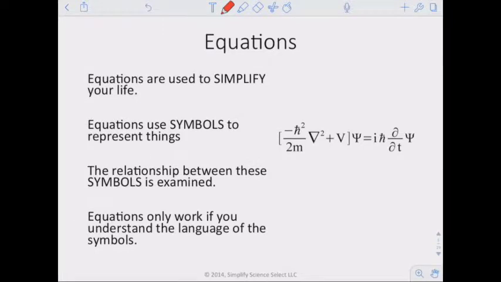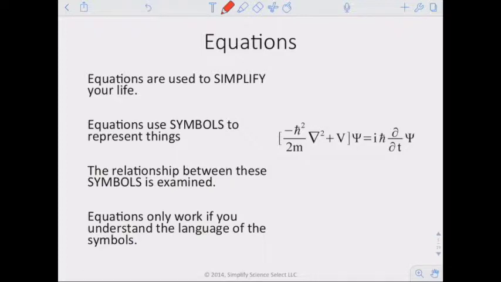Equations. Now, equations are used to simplify your life. We try to take very big pieces of information and bring them down to very small, manageable chunks. Equations use symbols to represent things, and the relationship between these symbols is examined, and then equations only work if you understand the language of the symbols.